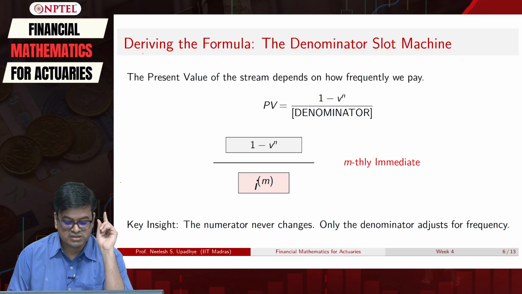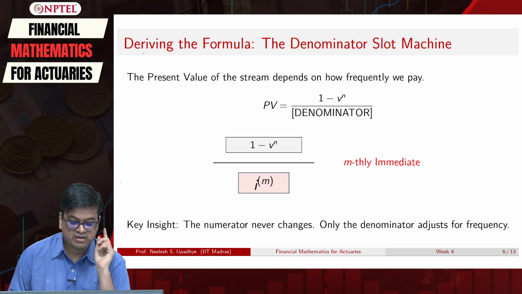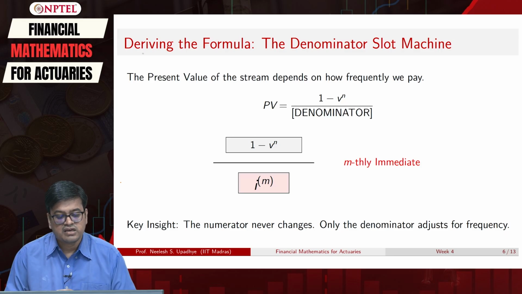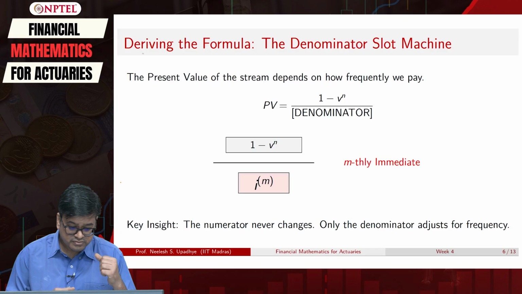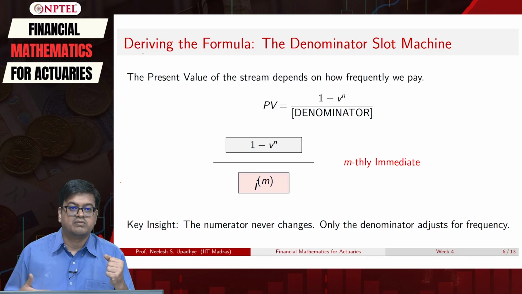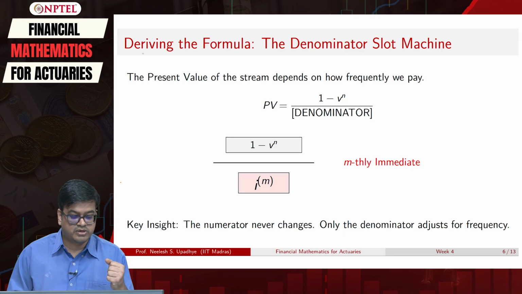So this is the key insight. The numerator will remain as it is, however, the denominator will go to whatever compounding you are doing, so I M. In a way I am saying my present value is influenced by the compounding through the denominator. Compounding frequency influences the denominator, not the numerator.